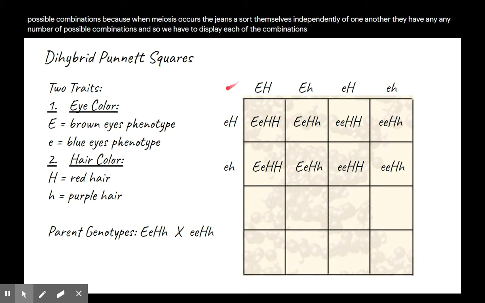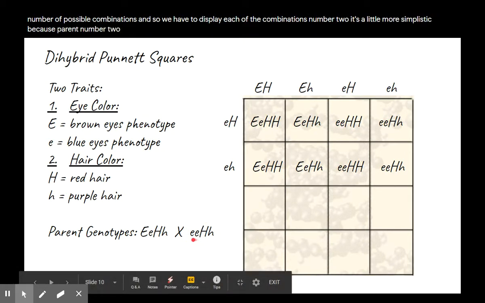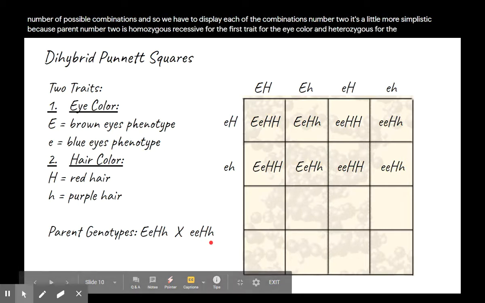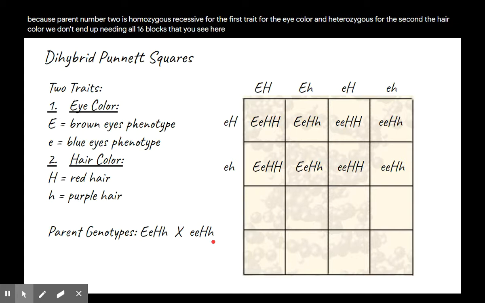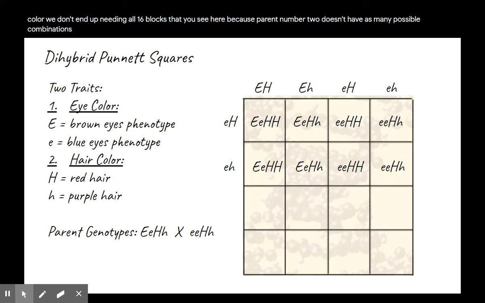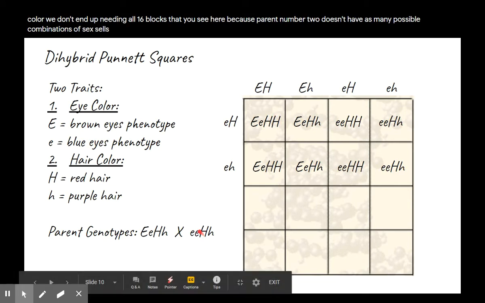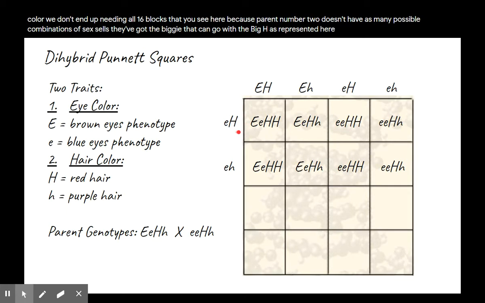For parent number 2, it's a little more simplistic. Because parent number 2 is homozygous recessive for the first trait, for the eye color, and heterozygous for the second, the hair color, we don't end up needing all 16 blocks that you see here because parent number 2 doesn't have as many possible combinations of sex cells. They've got the big E that can go with the big H as represented here.